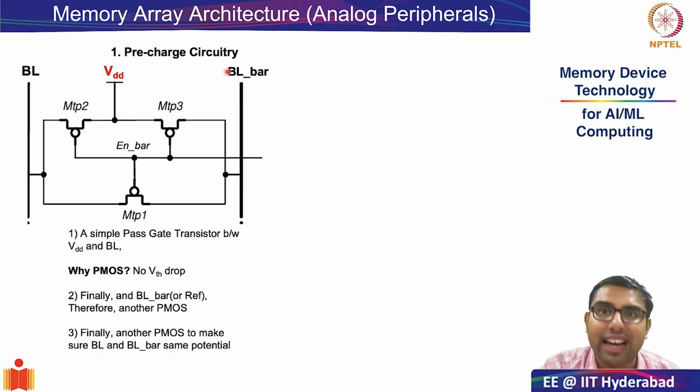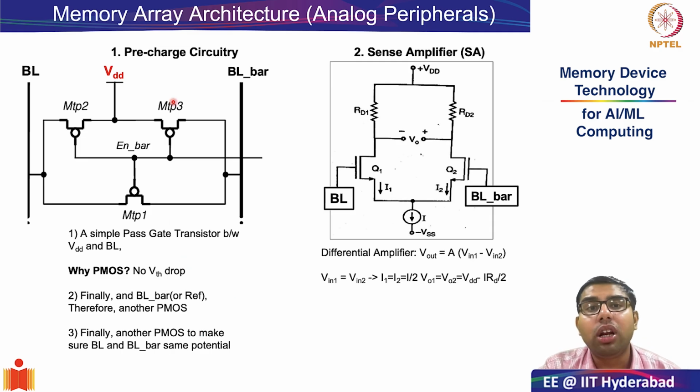That is not what is desired. So what can we do? The bottom of the buckets can be connected through another pipe such that any differential filling between the two buckets can be normalized or equalized. That is the simple rationale of having another pass gate PMOS transistor between bit line and bit line bar, to make sure that they are at the same potential. This concludes our discussion on the pre-charge circuitry.